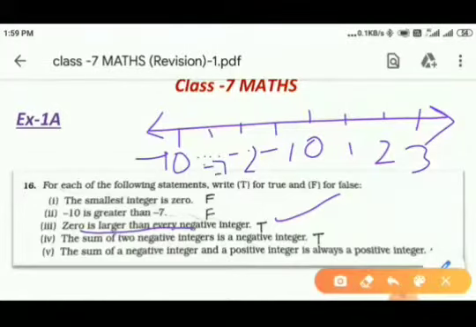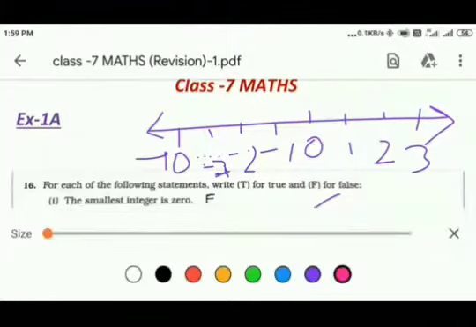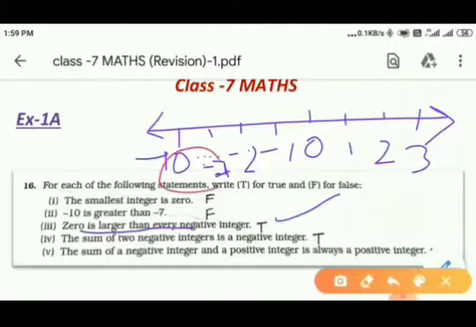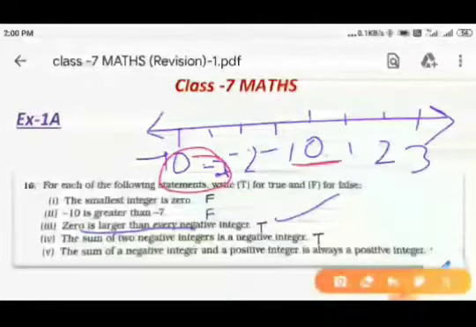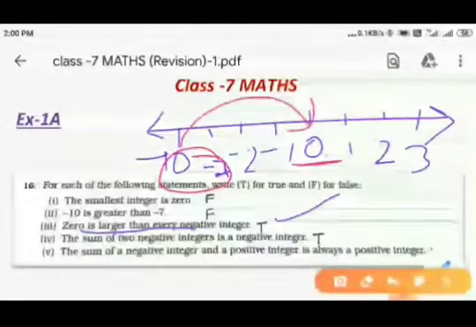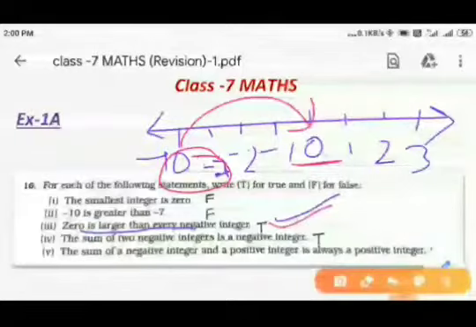Which one is bigger? The one on the right hand side. You can see minus 7 is to the right of minus 10, so minus 7 is bigger, that's why the second statement is false. And the third one, 0 is larger, because 0 is on the right hand side of every negative integer, that's why this statement is true.